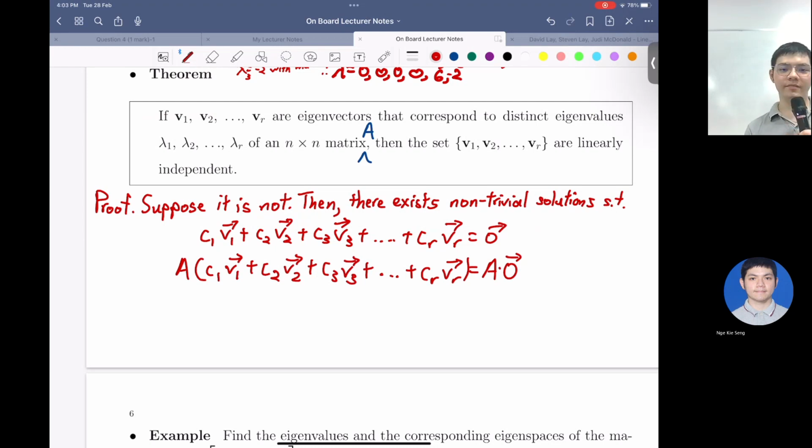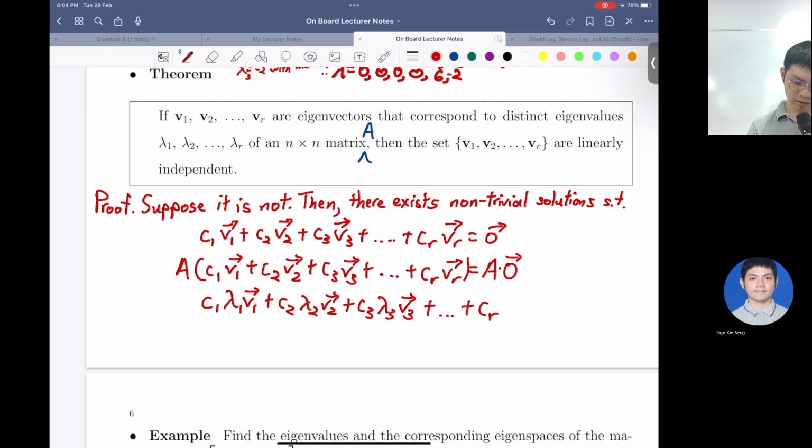What do you get? What you get is C1 lambda 1 V1 plus C2 lambda 2 V2 plus C3 lambda 3 V3 plus and so on.